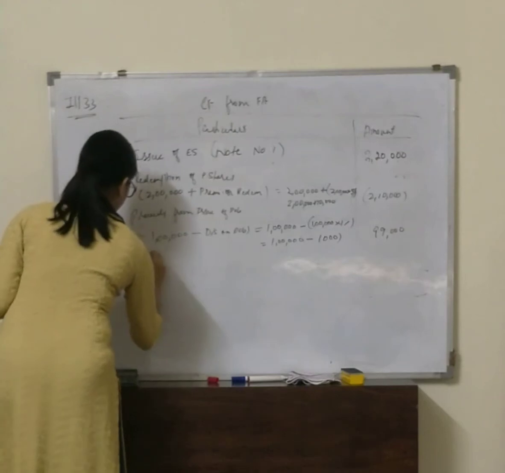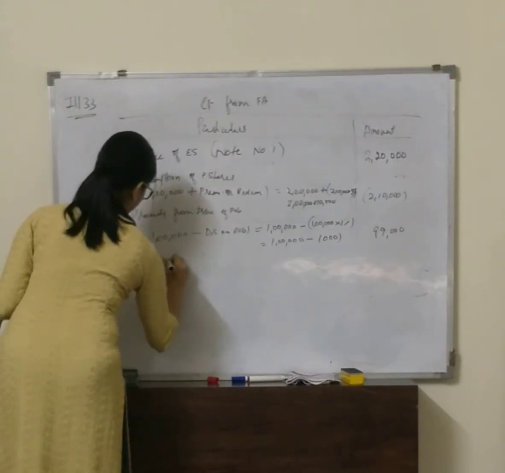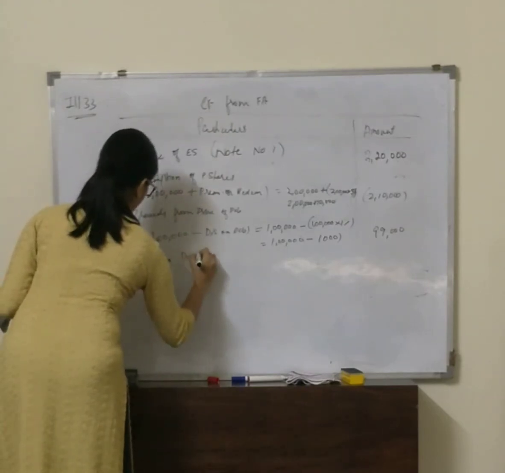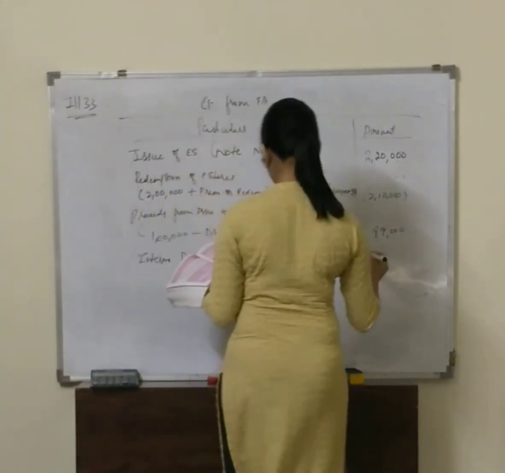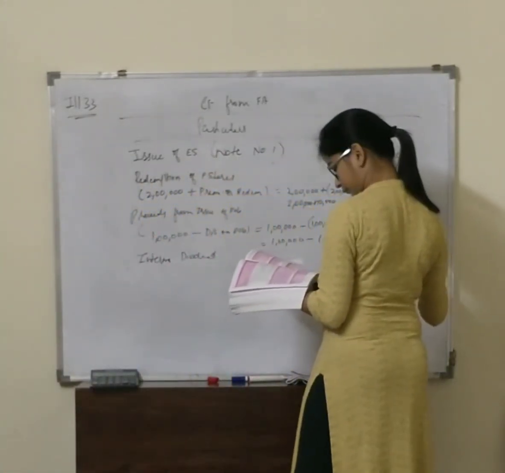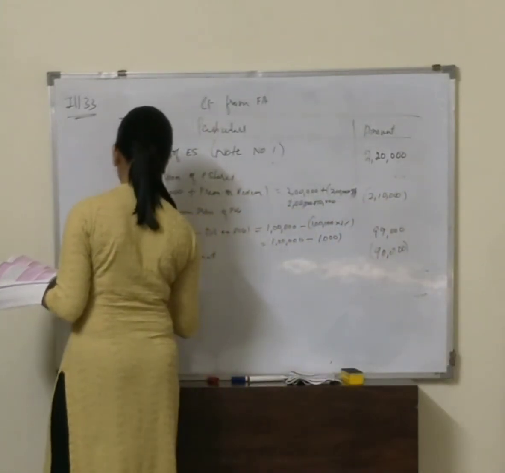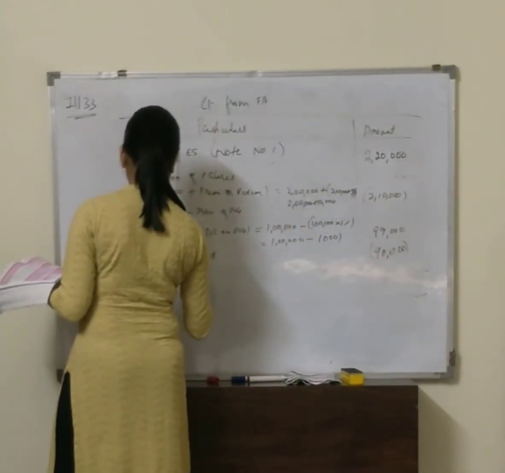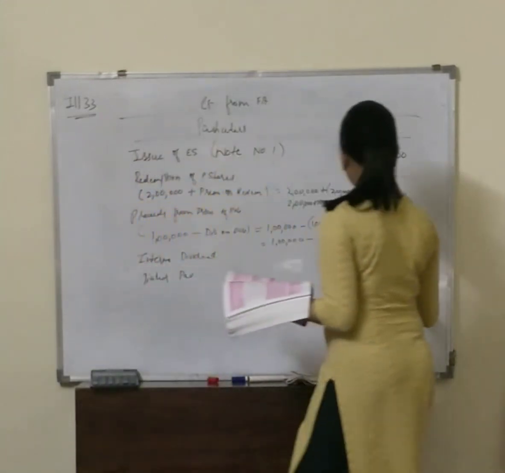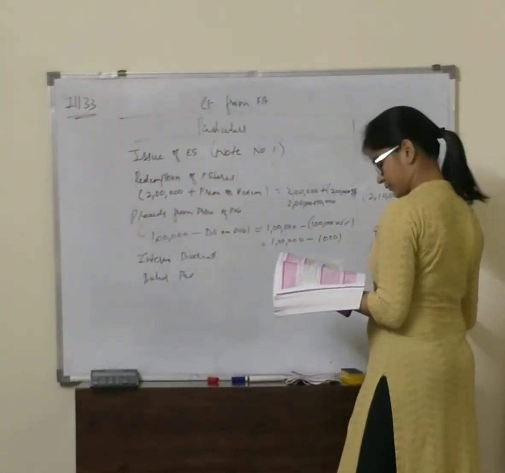Next we have interim dividend paid. This will be direct: interim dividend 90,000. It will be a negative figure because we are paying it. It is a cash outflow. Then we have dividend paid, negative figure again, 24,000.